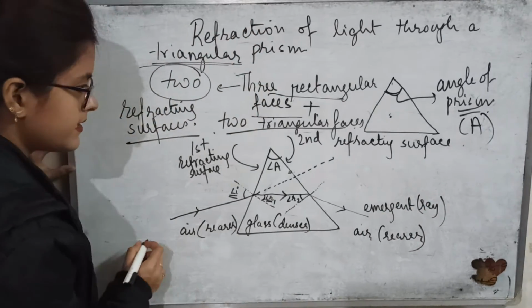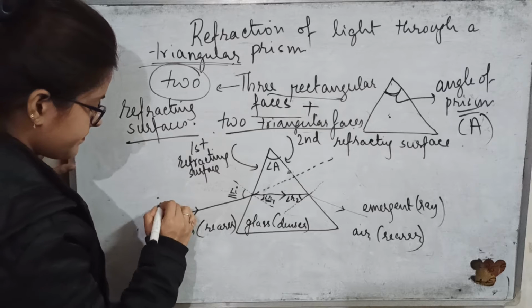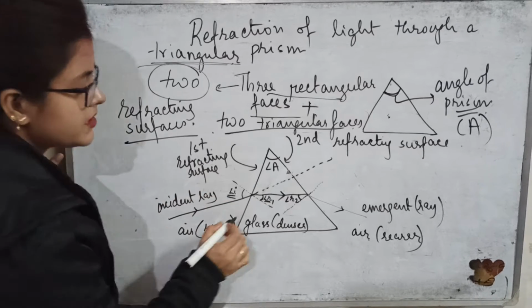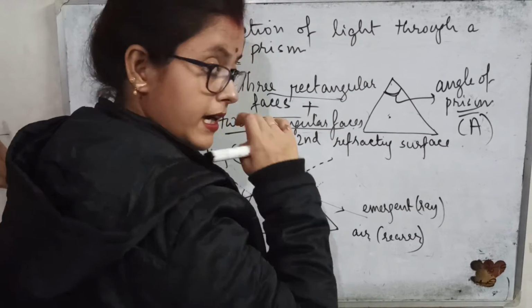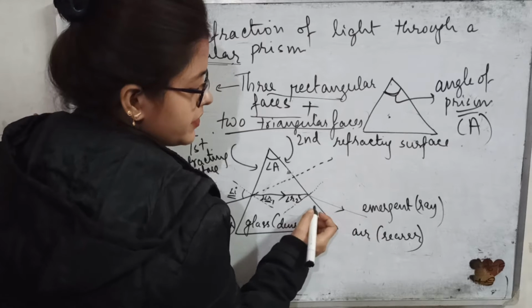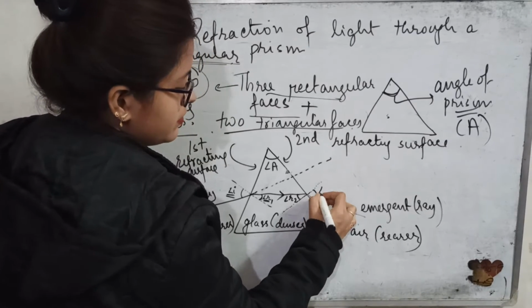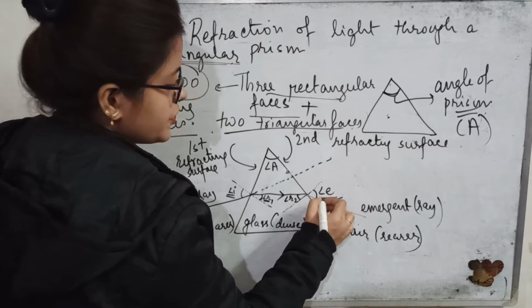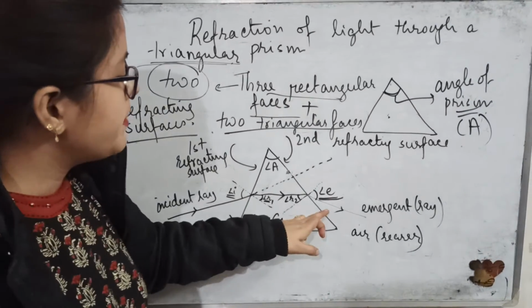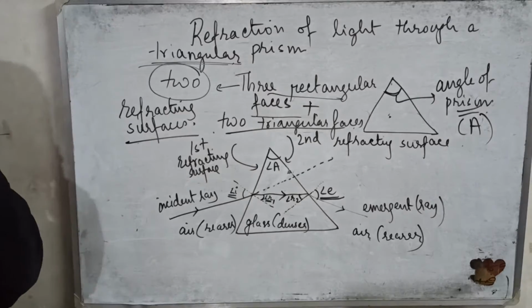This is the incident ray. This is the refracted ray inside the glass. And the angle that the emergent ray makes with the normal is called the angle of emergence.